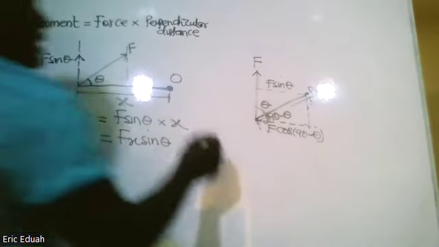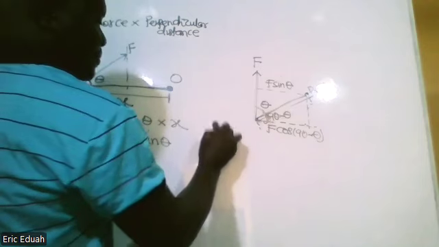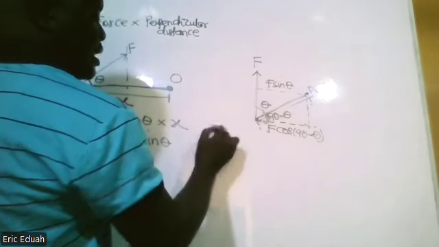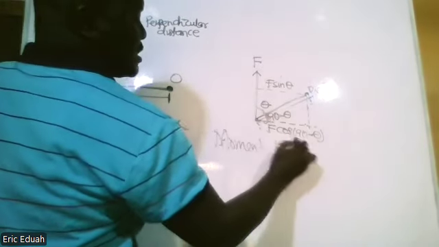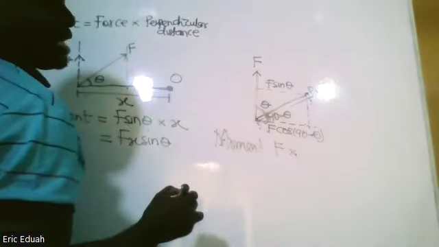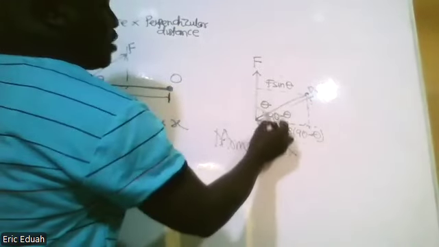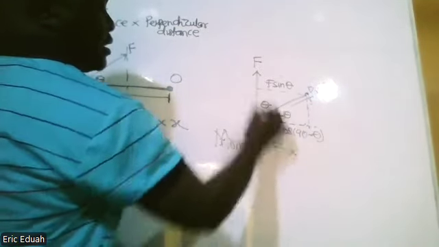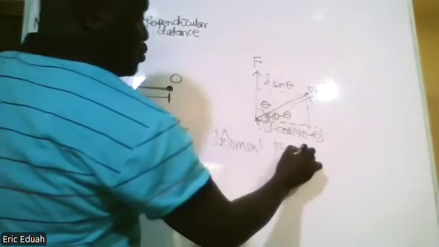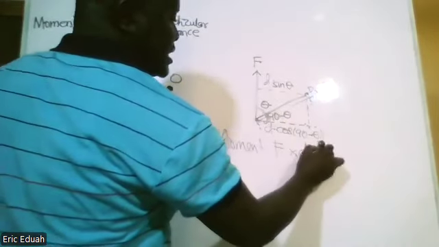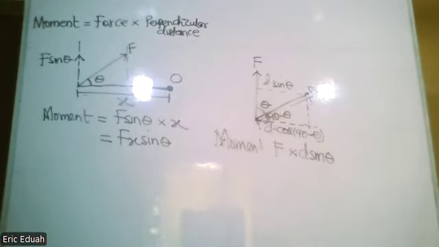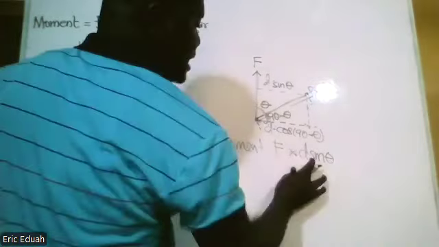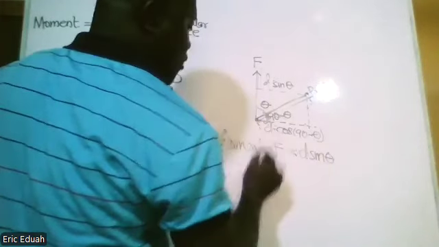And so the turning effect, or the moment, can be the force times perpendicular distance, which is, oh, this side will not be F, it will be D, which will be D sine theta, or D sine theta times the force.